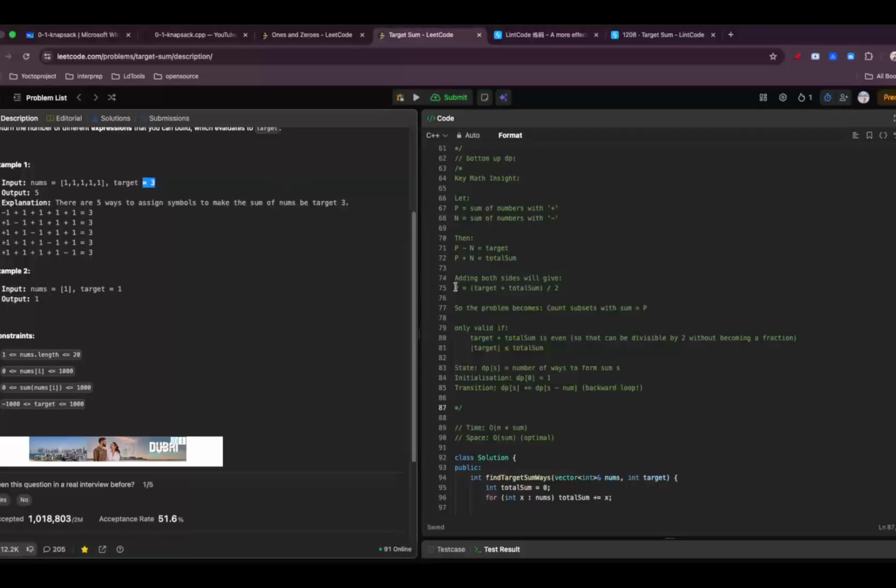By using this, we are subdividing our problem into a much smaller problem: count subsets with sum equal to p, where p equals target plus total sum divided by 2, rather than counting all the expressions which equal the target. So that is the thing. Are you clear with this boiling down to a subproblem?